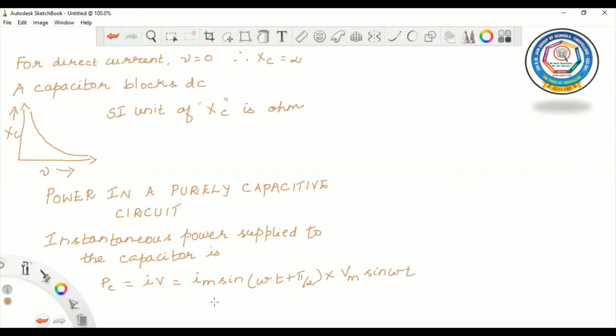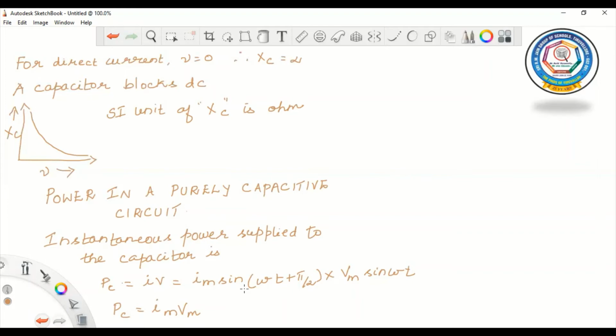Okay. So can you write this as power is equal to Im Vm. What is this sine omega t plus pi by 2? Can you recall? So sine omega t plus pi by 2, which is nothing but cos omega t.